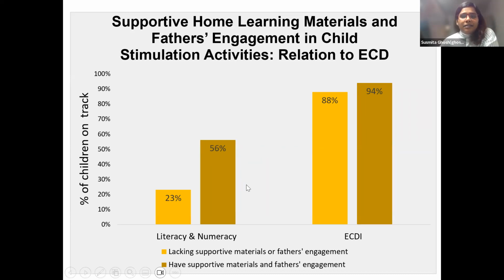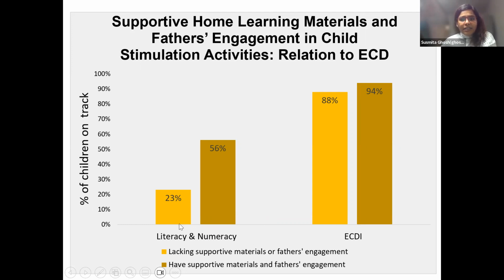This figure shows the synergistic effects of supportive home learning materials and the father's engagement in child stimulation activities, and how they affect early childhood development, such as literacy and numeracy.